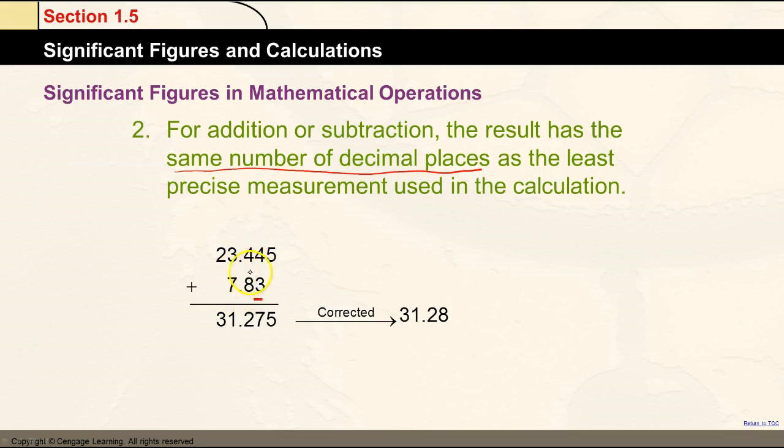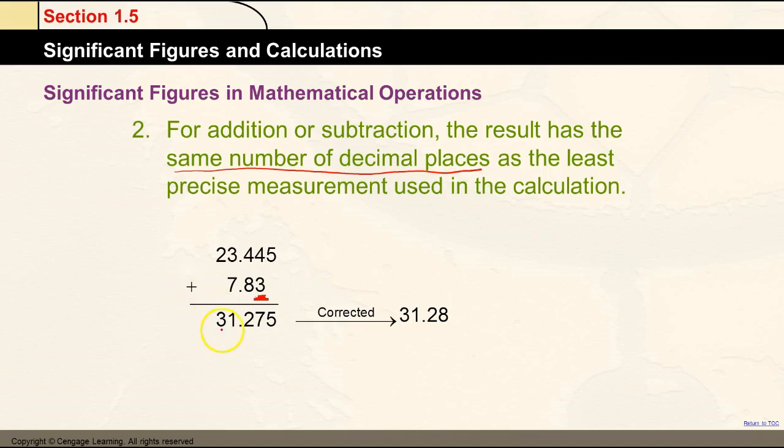And what we need to pay attention to here is the number of decimal places that each number goes to. Because this only goes to the 100th spot, it only goes 2 places past your decimal point, whereas this number goes 3 spots past. This is where we will limit our significant figure. That is where we will stop our answer.